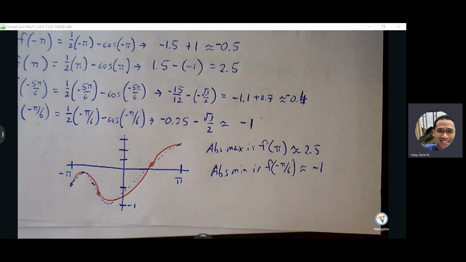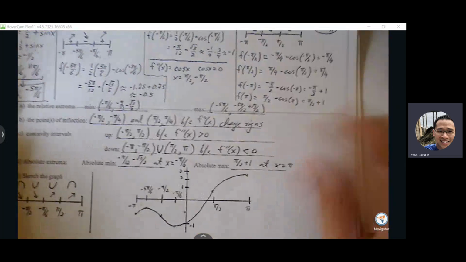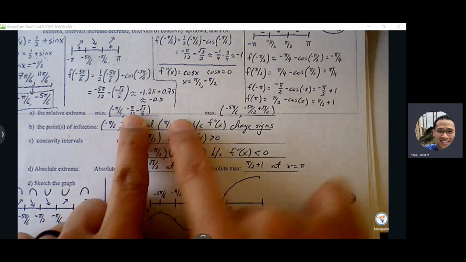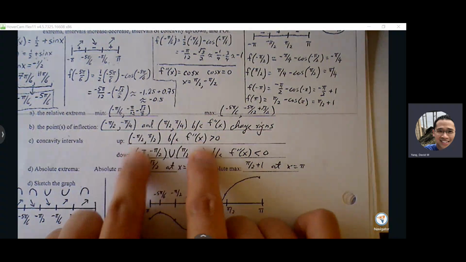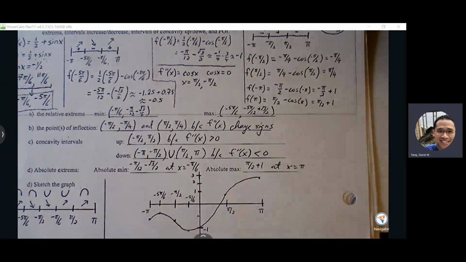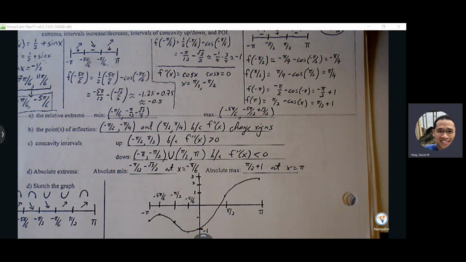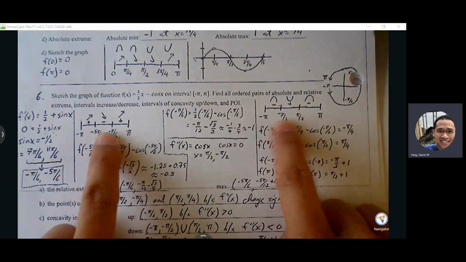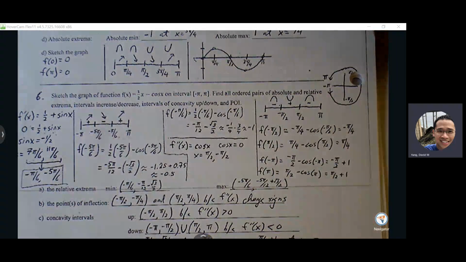Enough to make a conclusion as to where the absolute max, absolute min is. Okay, everything else on this page should feel a lot easier, especially if I'm asking for points of inflection. If I ask you for points of inflection, I'll just ask you for the x values. Intervals of concave up, concave down, relative max, relative min. You can pull all that just from your slope and concavity sine line.